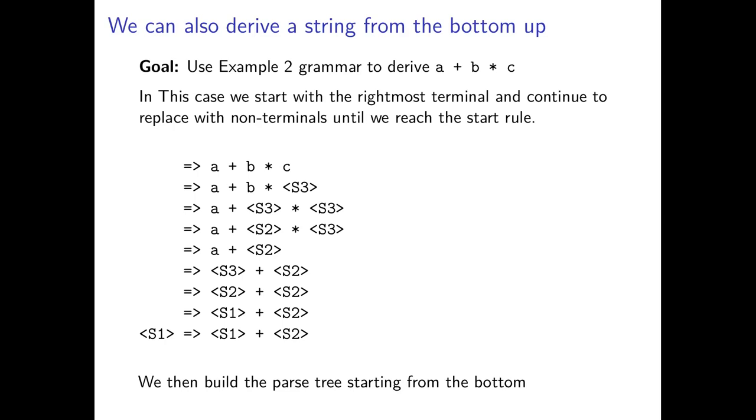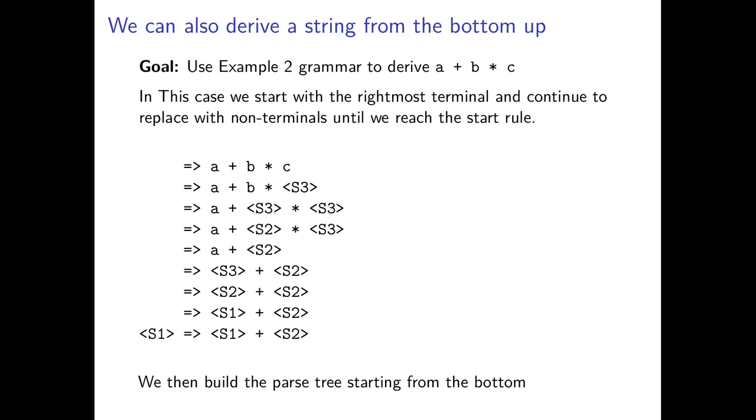Then we look at our rules and ask ourselves whether we can replace an expression. Well, we see that we have something times S3. Is there a rule that gets us there? Well, there is. So let's replace the B with S3.